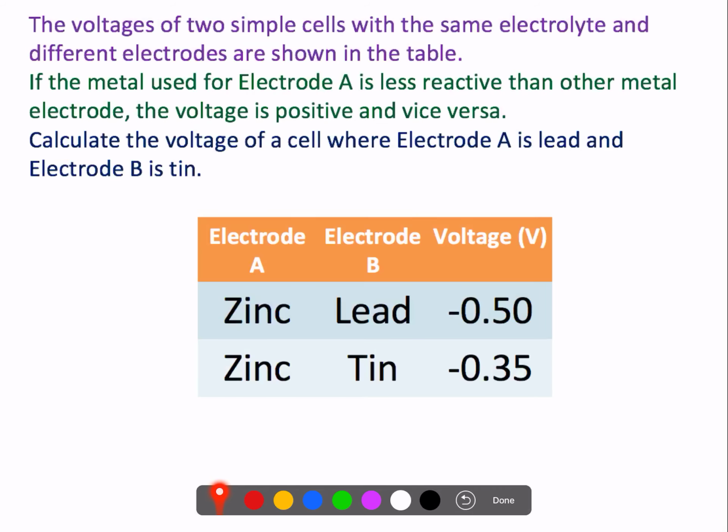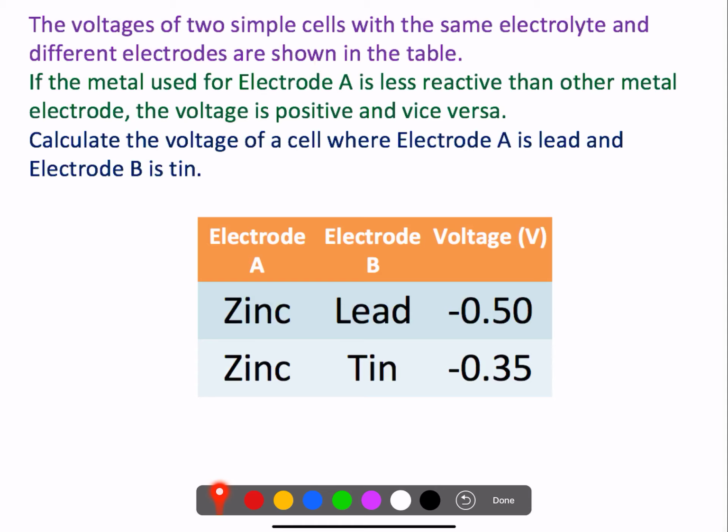Okay, now looking at this question, you might get electrode questions which will ask you to work out the electrode potential of a cell. So what you're going to do is read the question and make sure you understand exactly what it's saying, because most of the information is already in the question. So for example, 2 voltages of 2 simple cells made with the same electrolyte and different electrodes are shown.